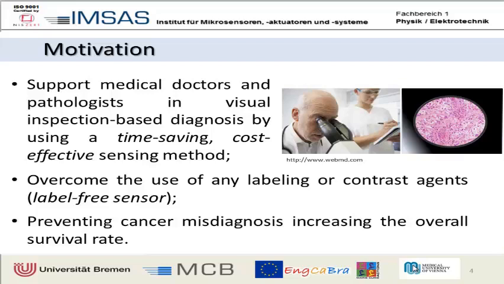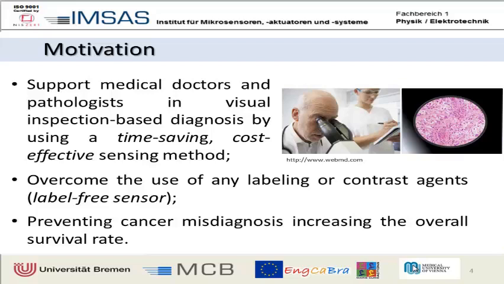But the point is that it's still a visual inspection, so it's a subjective kind of investigation, and as several statistical analyses have proved in recent years, it can lead to false positive and negative results, so discrepancies in determining the presence of tumor in some biopsies.